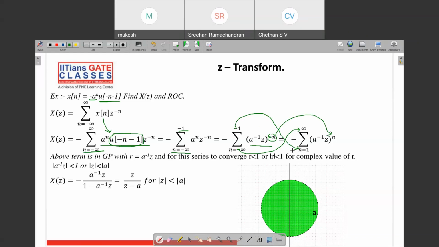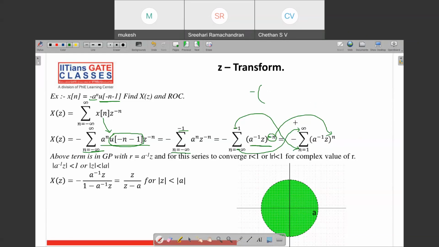It will not make any difference. Now this expression is a GP. If you expand this from n equal to 1 to infinity, this is again a GP, and this is the kind of thing you are going to get.